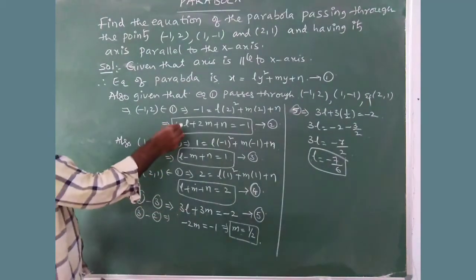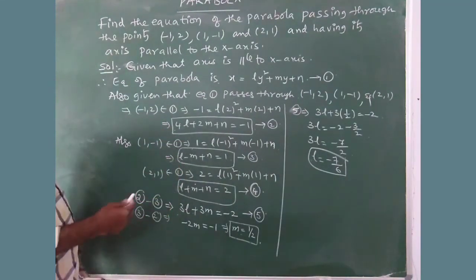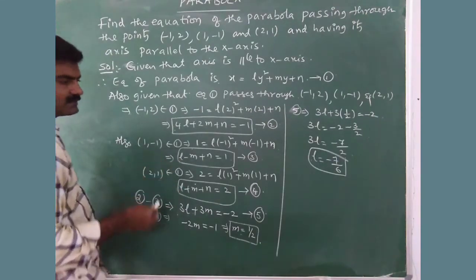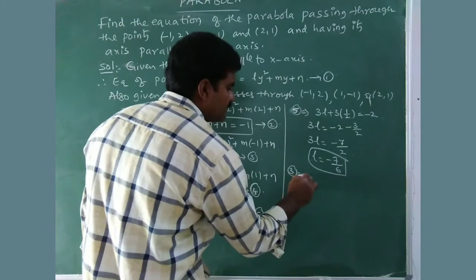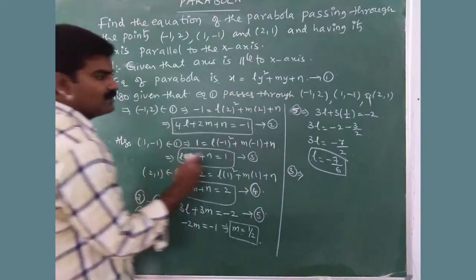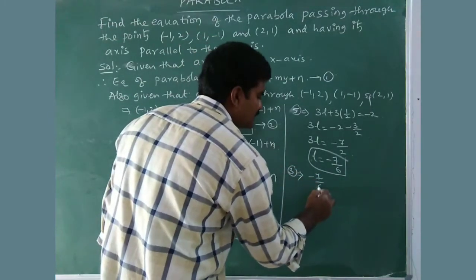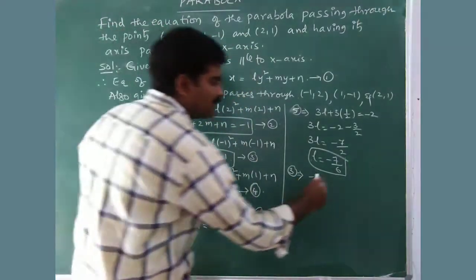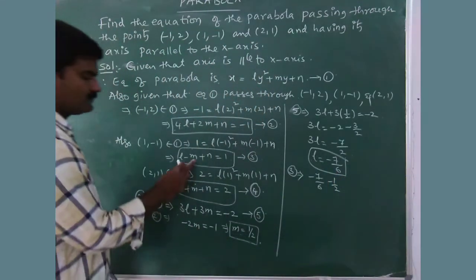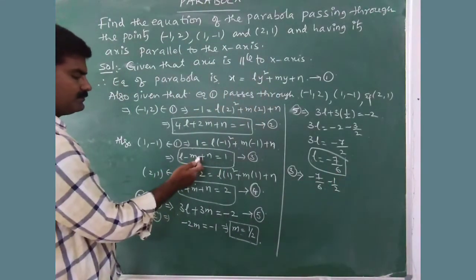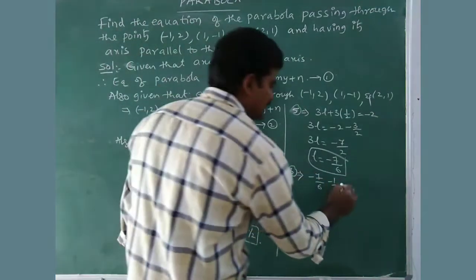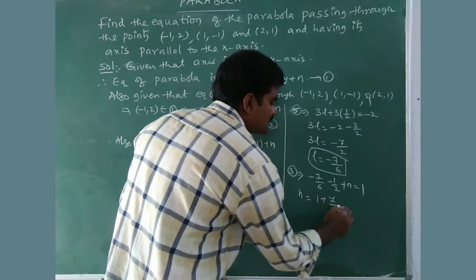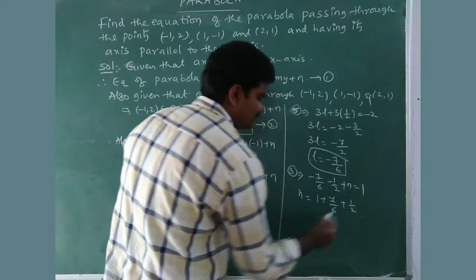Now we know the m value, we know the L value. Better we can substitute somewhere in the above equations to get the n value. We can go with the third one or even the fourth one. So let me take the third equation. L means minus 7 by 6, minus m is minus 1 by 2, plus n, which is equal to 1. So from this, n is equal to 1 plus 7 by 6 plus 1 by 2.